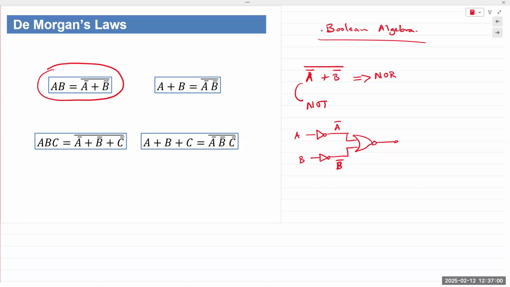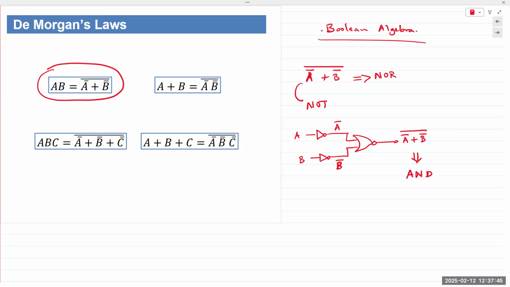And this output right here is A naught plus B naught, the whole naught. Does that make sense? And the result of this is that this is an AND function. You can go through the truth table and it'll match the truth table for an AND gate. And that's where these laws come from. So an AND function, A and B, can be implemented with two NOT gates and a NOR gate.